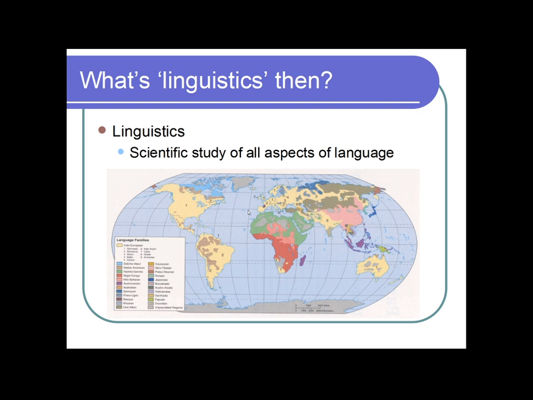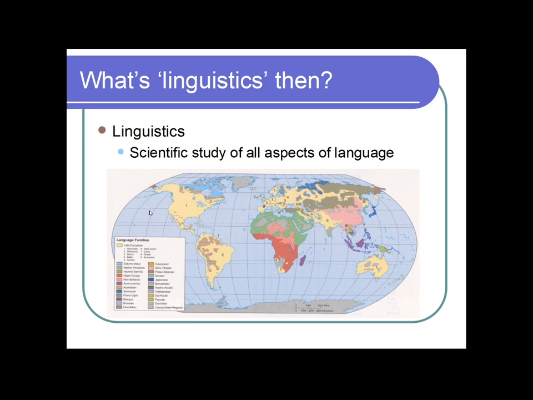So the proto-language group that English belongs to is Proto-Indo-European. That's a language that must have existed in the past in some form. We know what things it must have had in common. There was a group of speakers that was speaking this language, but we don't know exactly what it was like. All right, so it's a reconstructed language.